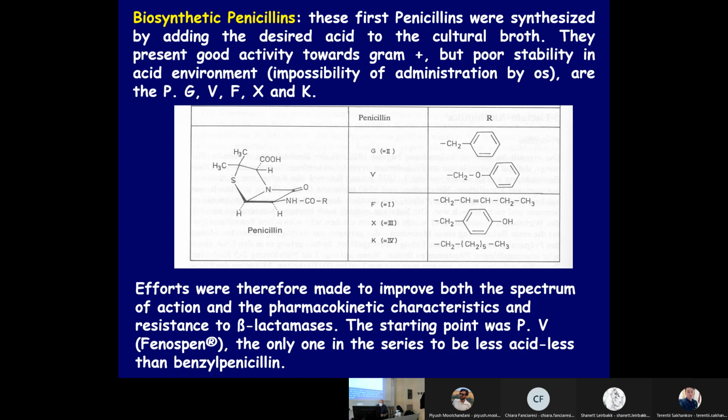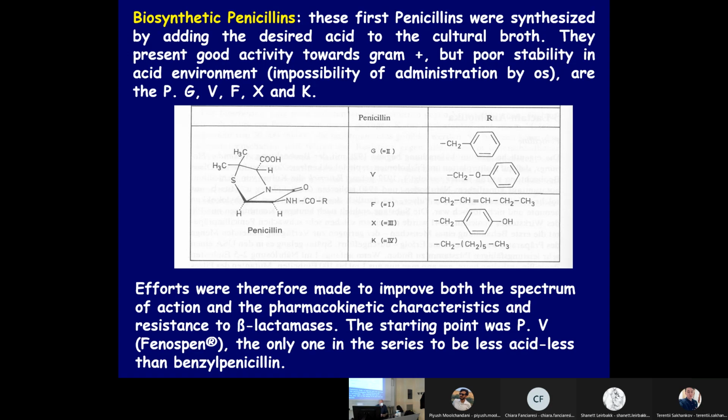It is active only towards gram-positive bacteria. Very restricted spectrum. It should be administered only by injection, not orally.